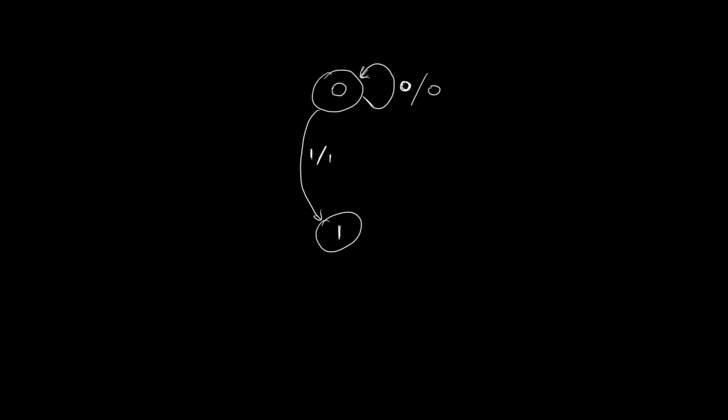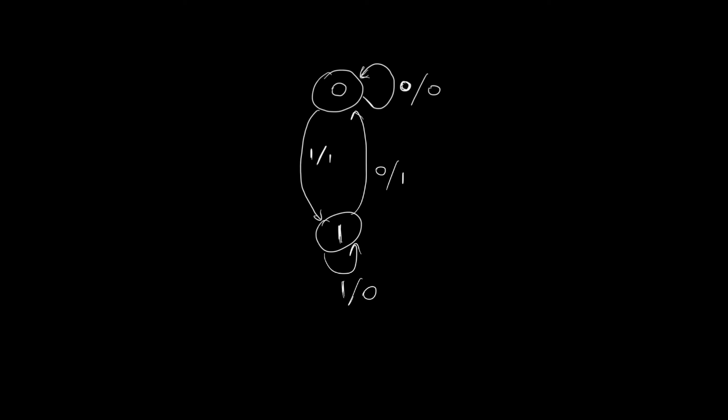If the previous input was a 1 and the current input's a 1, then we just stay in this state because at the next rising edge we want to remember that our previous input was a 1. And if the previous input was a 1 and the current input's a 1, no transition is detected, so it's a 0 there. Otherwise, if the input is a 0, then I have detected a transition.